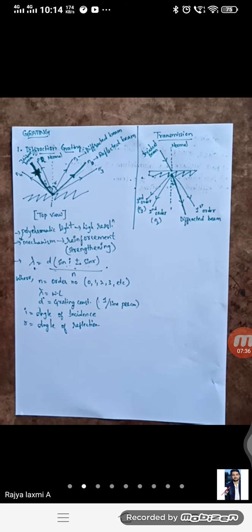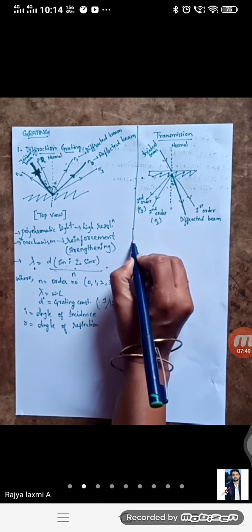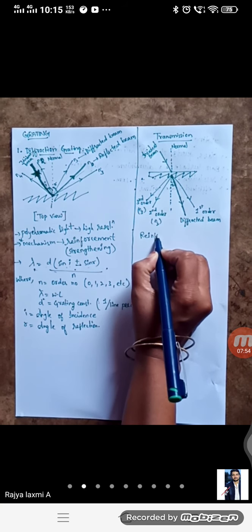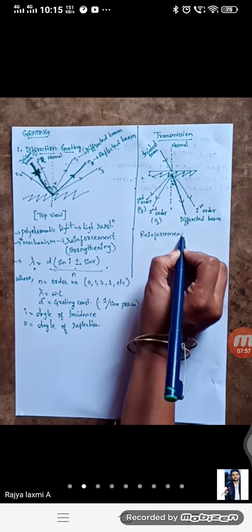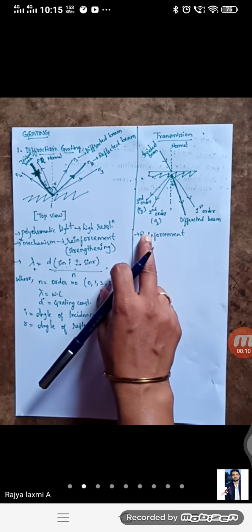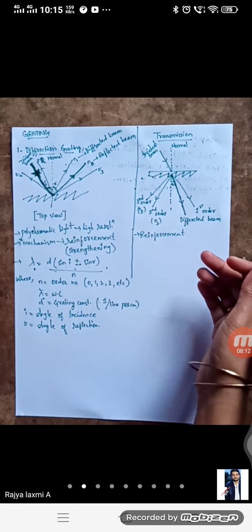Next one, transmission grating. In this type of grating, the refracted rays produce reinforcement. Here also the mechanism is reinforcement, but the refracted rays produce it.